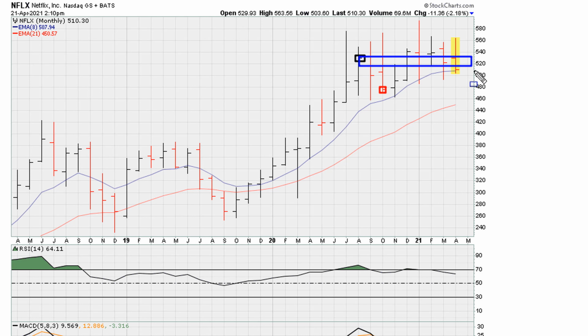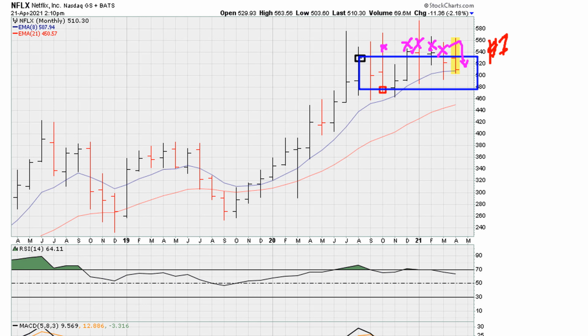Let's call it a search. Now you'll see, after many attempts to break out, it just can't seem to hold above the box. And now lower. So that's the first worrying sign, quote unquote. No need to worry, but I'm just saying the first sign that things could break down. That's number 1. But number 2 has yet to happen.